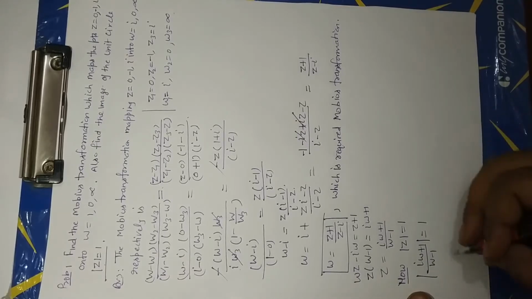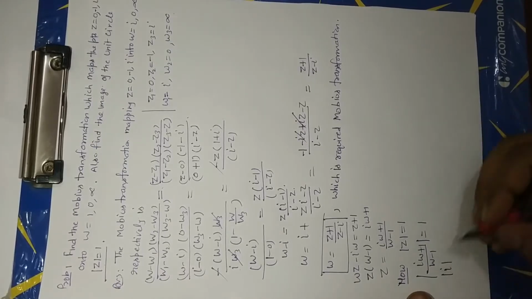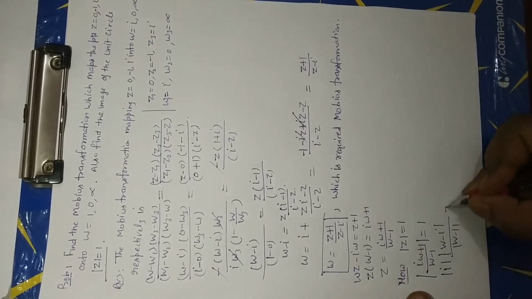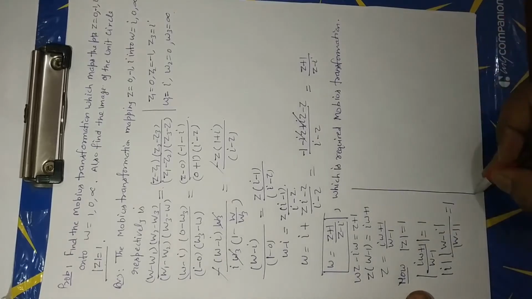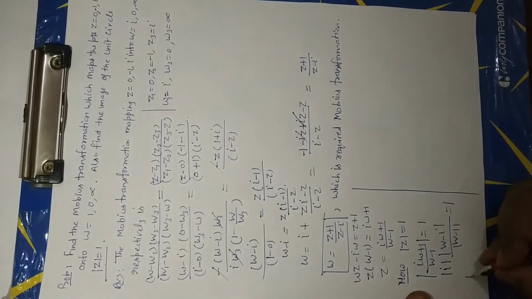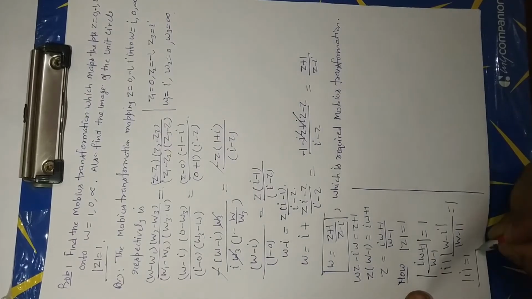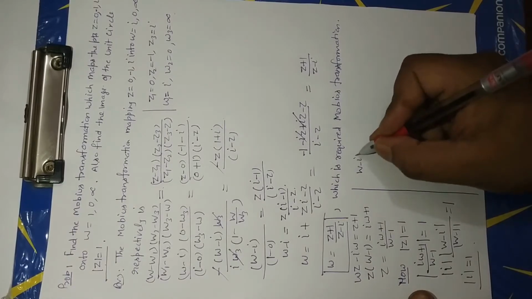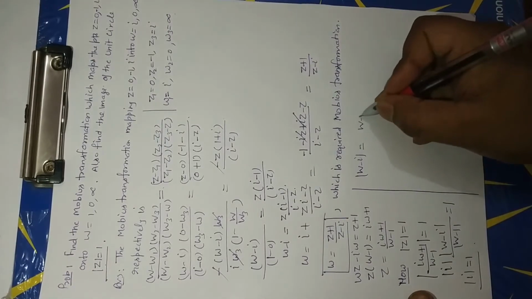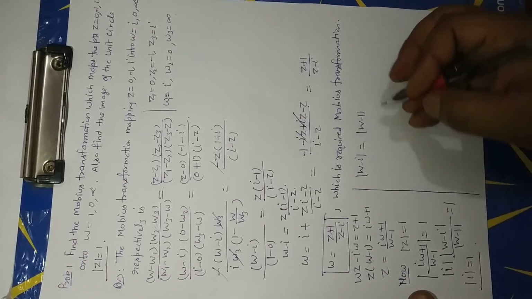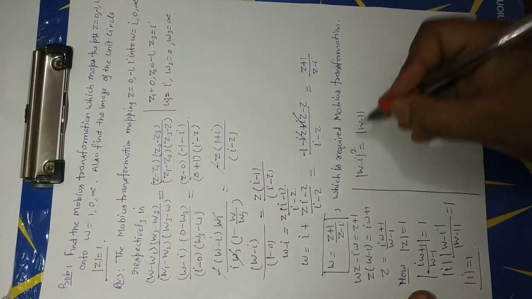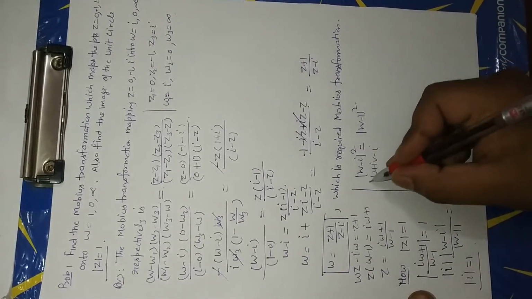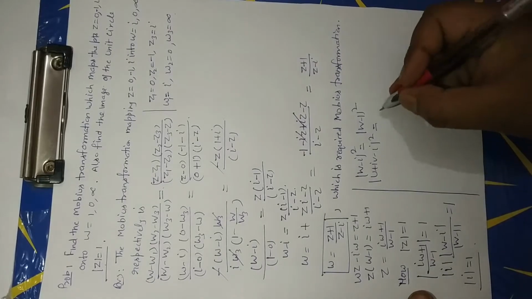Now taking i common, |w minus i| upon |w minus 1| is equal to 1. The modulus of i is always 1. Therefore, |w minus i| is equal to |w minus 1|. Both are squaring. w equals u plus iv. Now putting the value of w on both sides.